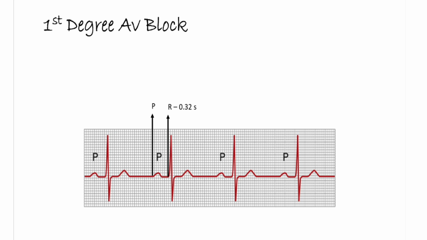Okay, so let's talk about the first degree AV block. Now, in case of first degree AV block, we should know one thing: the usual lapse of time between the beginning of the P wave and the beginning of the QRS complex is about 0.16 second, or you can say 160 milliseconds, when the heart is beating at a normal sinus rhythm or normal rate. This is also known as the PR interval.